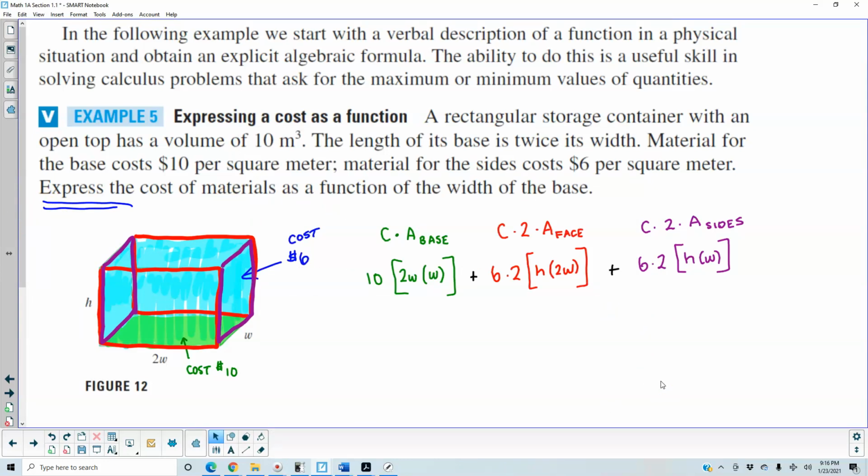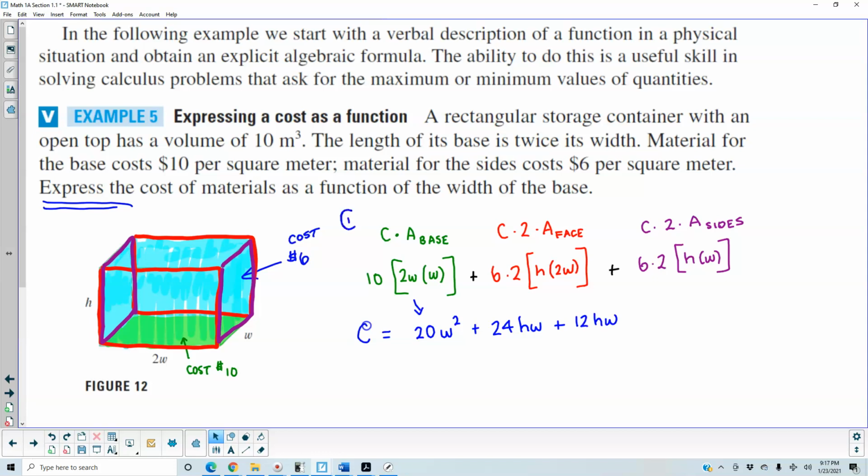So expressing the cost of materials means that the entire cost is going to equal 10 times 2w times w, which gives us 20w squared, plus 6 times 2 times 2, so 12 times 2 gives us 24, that's 24hw, plus 6 times 2 times hw, which gives us 12hw.